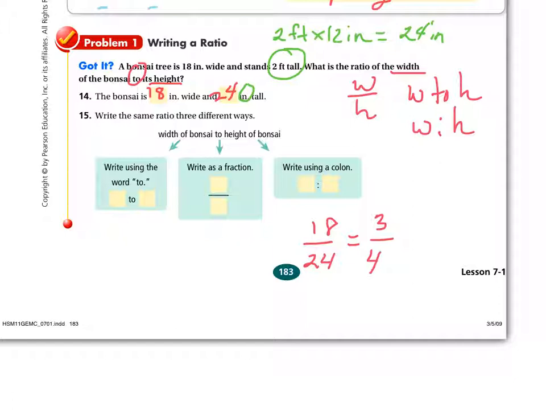I don't like that. You're going to see that as answers. You want to write it in reduced form at all times. And so we've got 3 to 4, 3 divided by 4, and 3:4. So again, that should be a review.